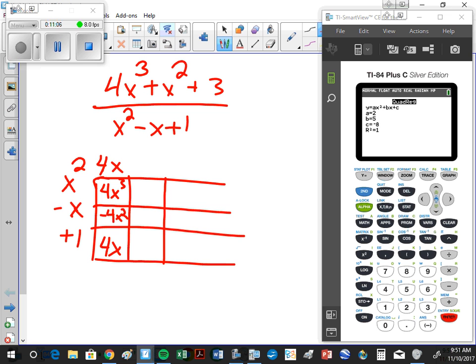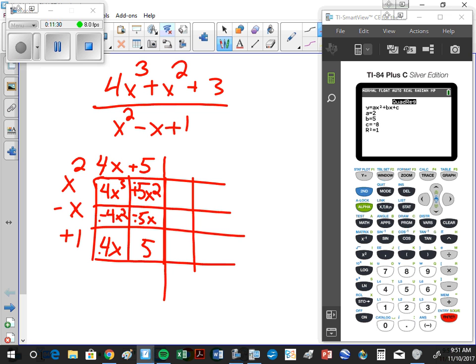Add a column. This square and this square need to add up to be x squared. So I add 5x squared. Pull out an x squared and I get plus 5. And then 5 times negative x is negative 5x. 5 times 1 is 5. These are my remainders.